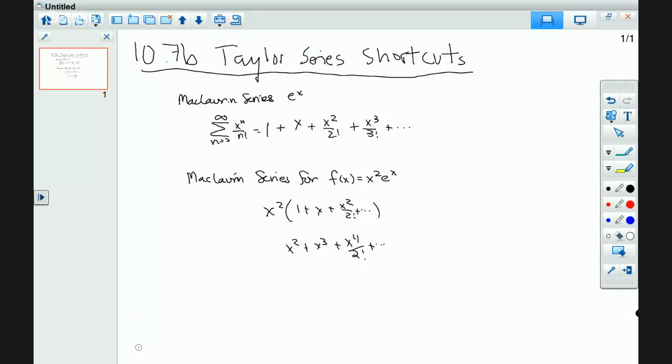The other way to do these, okay, I do the easy way, right? Multiply. You can also insert it in here. So this series would be what? x squared times x to the n over n factorial.